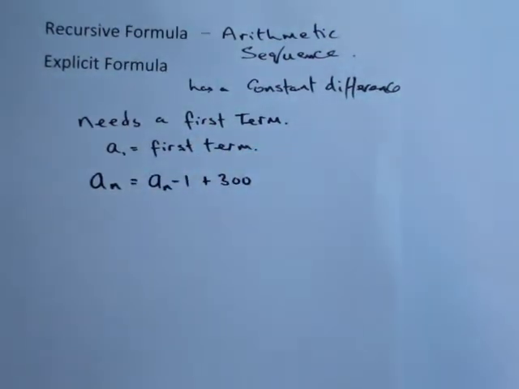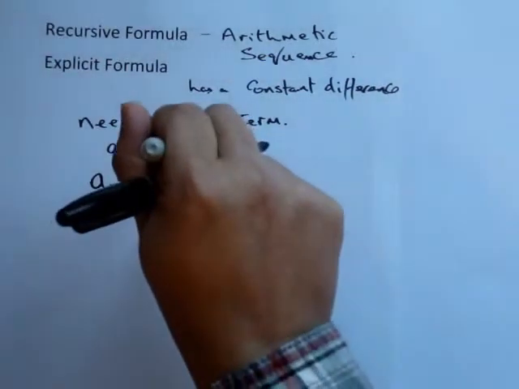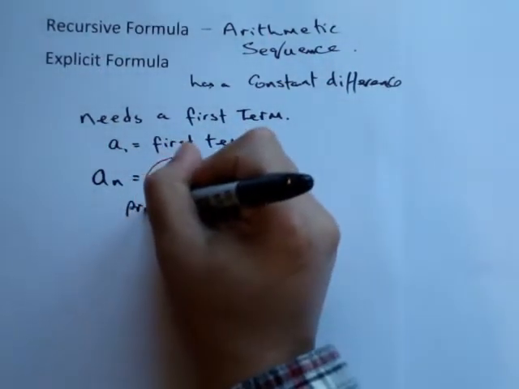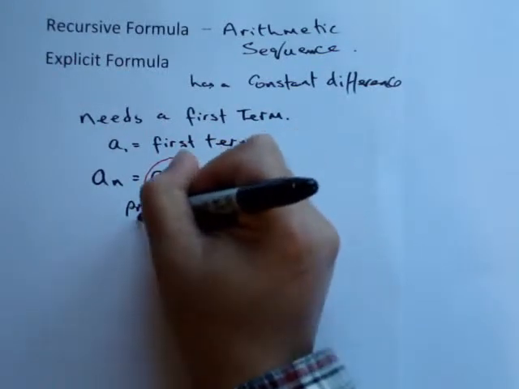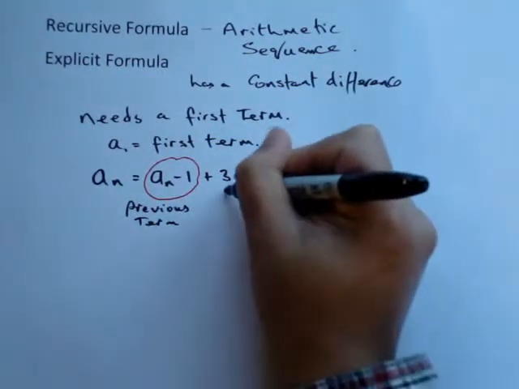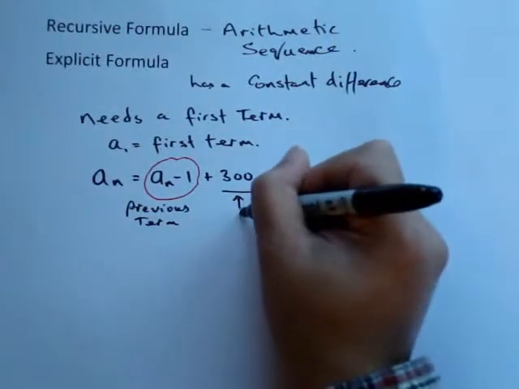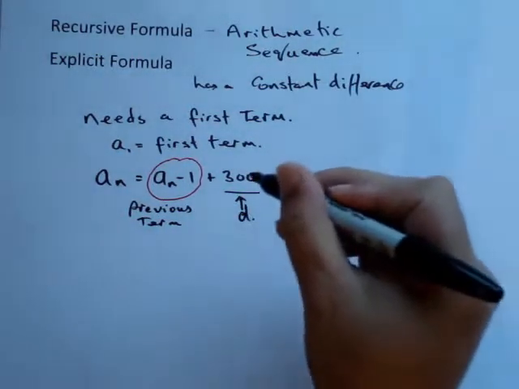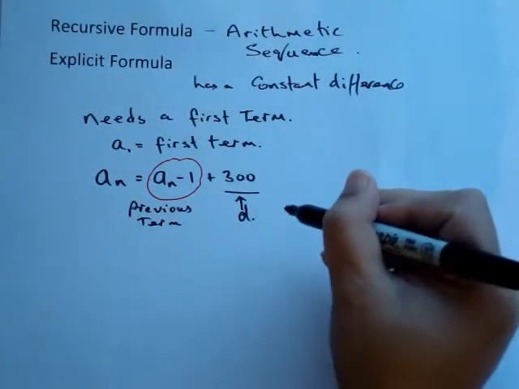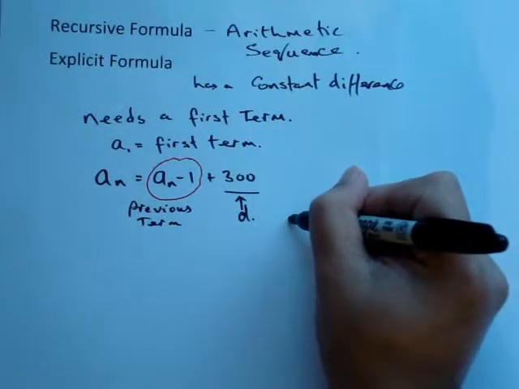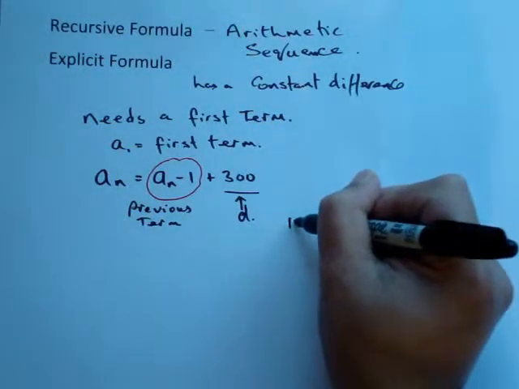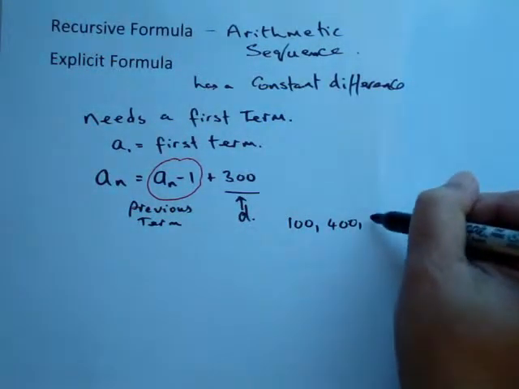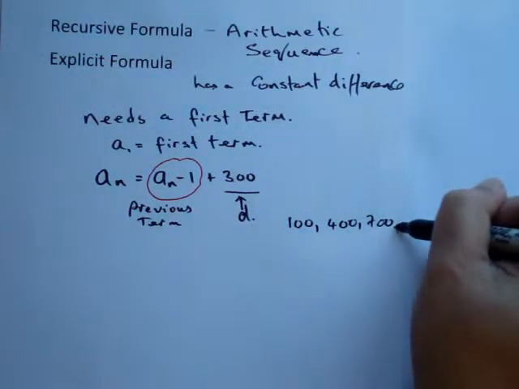This is the previous term in red. This is our constant difference, or D. So our arithmetic sequence would be, if we knew the first term, 100, 400, 700, and so on.